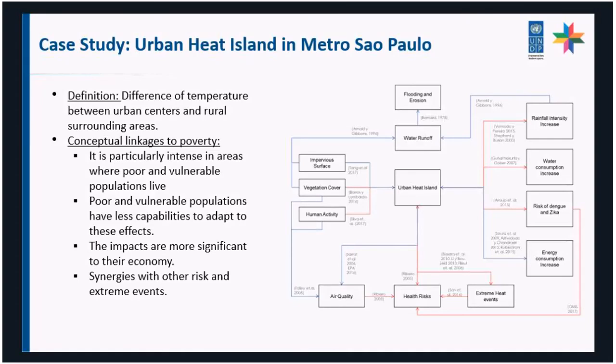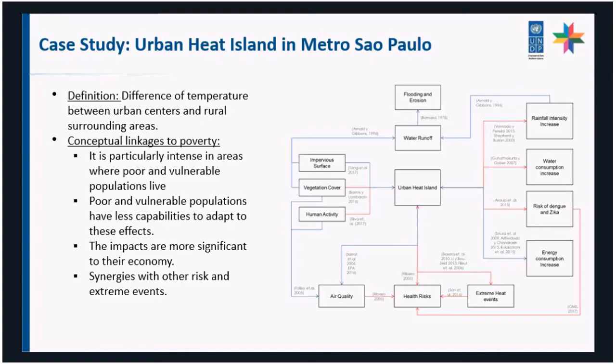And we know that the impacts of these problems might be more significant to them than to middle class or middle income populations. So for example, if you have an increase in water consumption, that amount that is going to be a new expense every month is going to be more significant for a poor family than for a middle income family. And that's going to have a greater impact in the family economy.